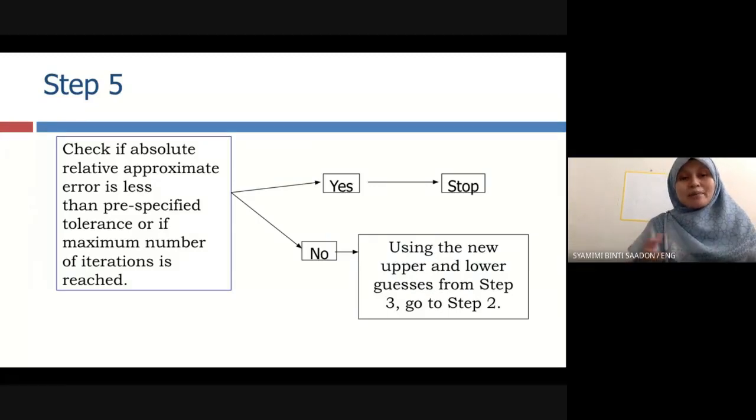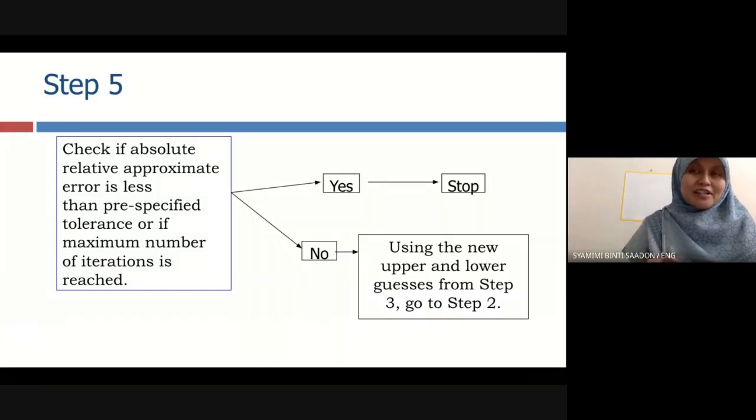Otherwise, sometimes instead of setting the percentage of error, we set the maximum number of iterations. It means that we don't know whether the error is 10% or 1% or 0.01%.